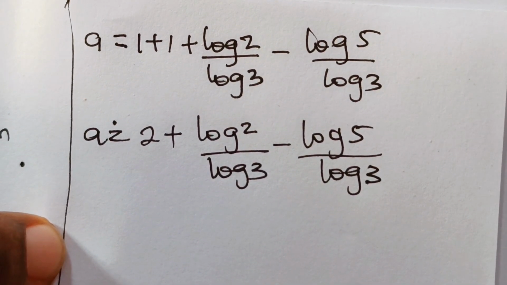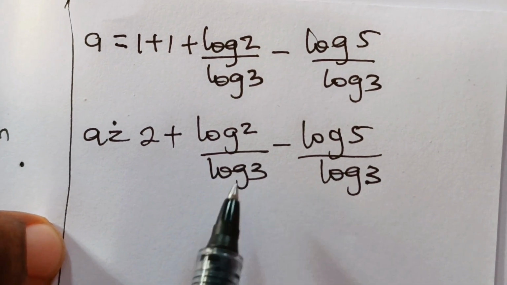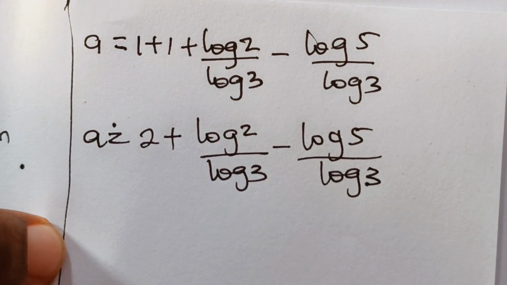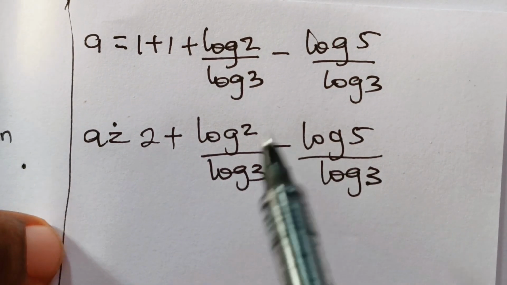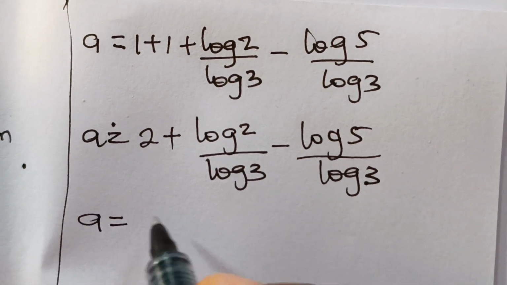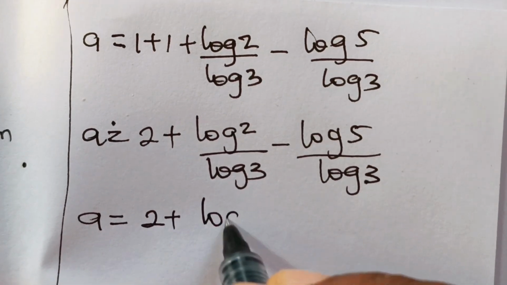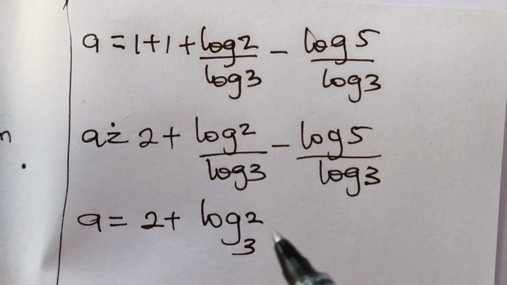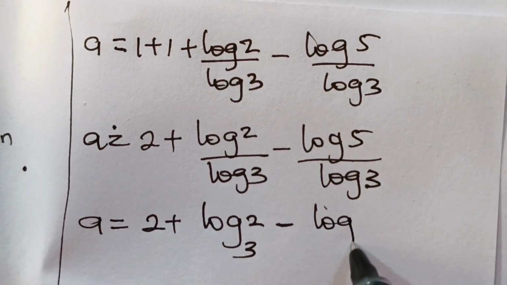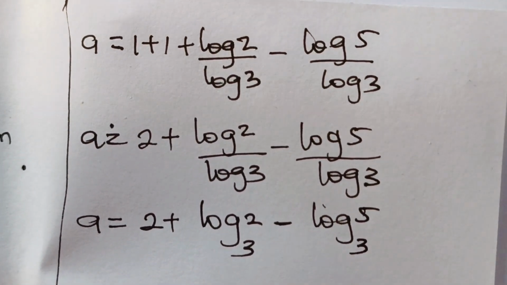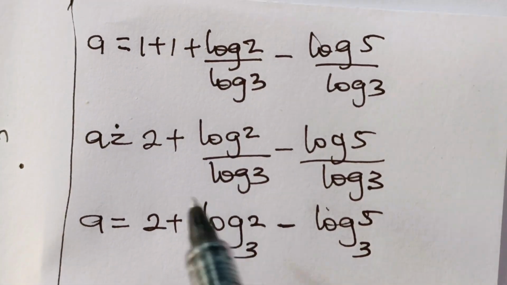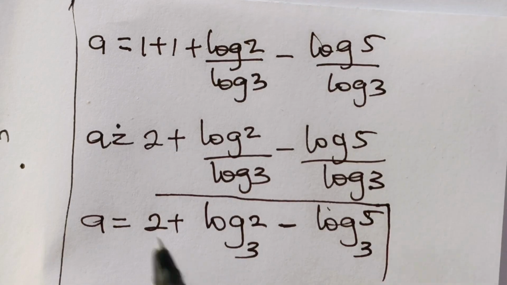When you have log something over log something, once the logarithms have the same base, you can write it this way. So a can be written as 2 plus log 2 base 3 minus log 5 base 3. Now this is the value of our a.